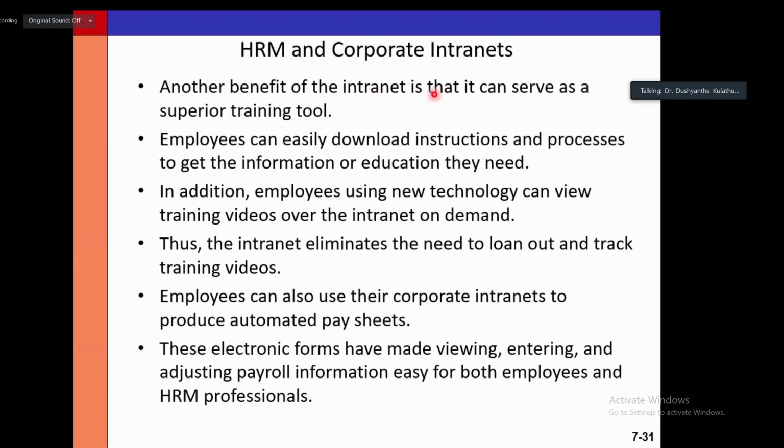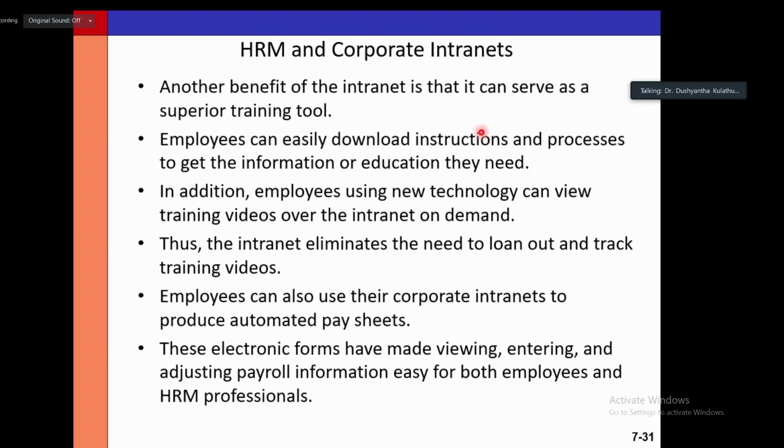Another benefit of the intranet is that it can serve as a superior training tool. This is one other main benefit an organization can get by connecting the HRM system with the intranet. It can be used as a training tool. Employees can easily download instructions and procedures to get the information and education they need.